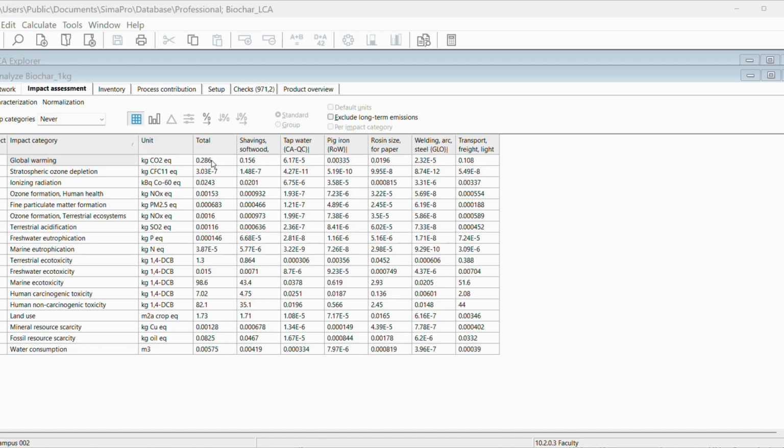So let's just assume that 1 kg of biochar can retain 3.2 kg carbon dioxide equivalent in a 100-year time period, and at the same time only 0.286 kg carbon dioxide equivalent is produced during its manufacturing. Then a very simple arithmetic analysis suggests that around 2 kg carbon dioxide equivalent can be mitigated, and that is the reason it is considered a net negative emission technology.